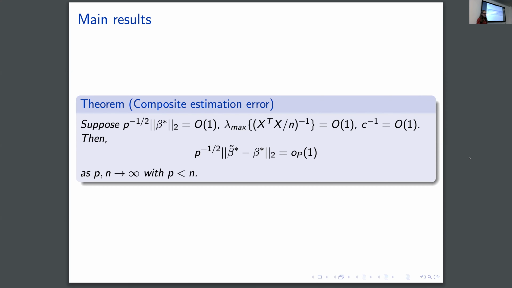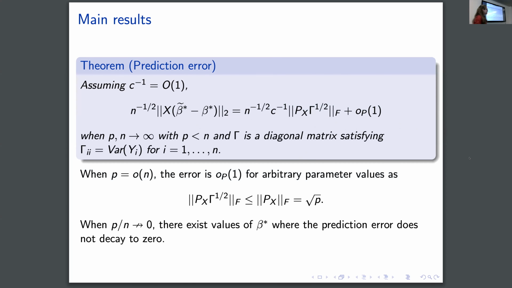So, okay, the predictions are a little bit different. For the predictions, we have X beta tilde star, which is our estimator, minus X beta star, which is our true value. If you scale the L2 norm by root n this time, because it's a vector in R to the n, what you actually get is convergence to this constant on the right.